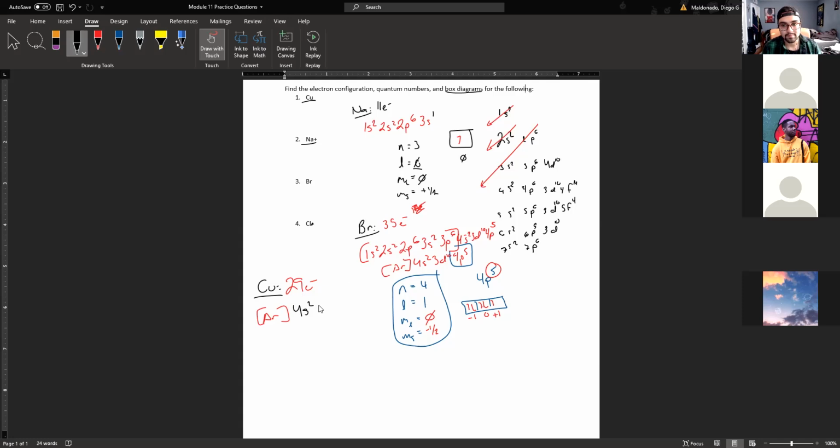Then 3d9. Copper 3d9 is special. What's special about copper?